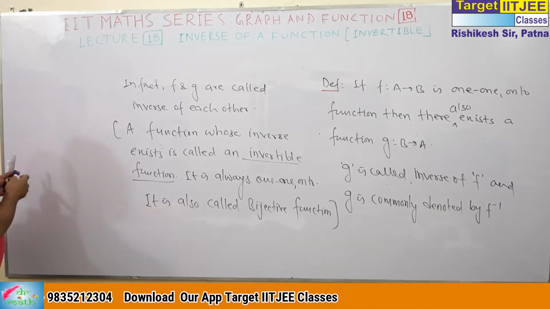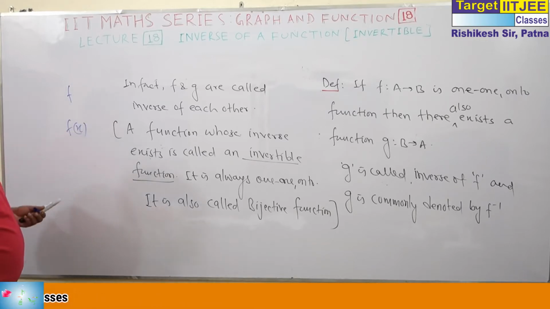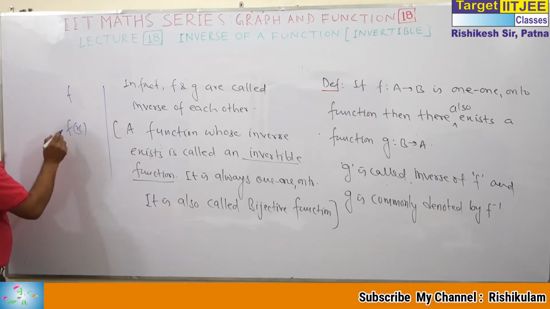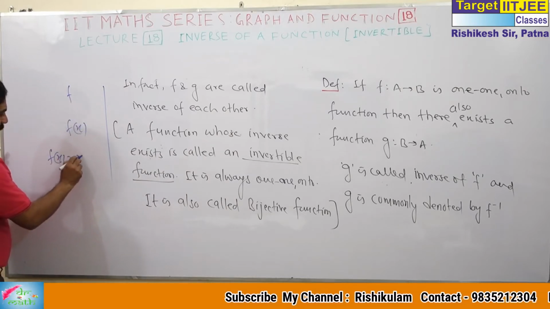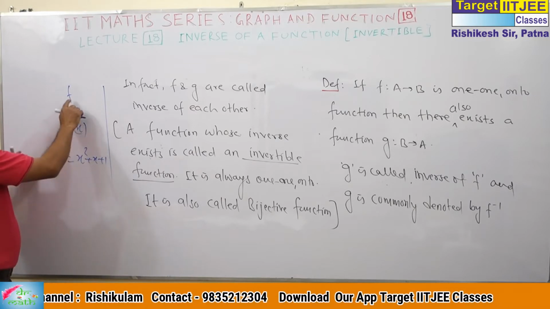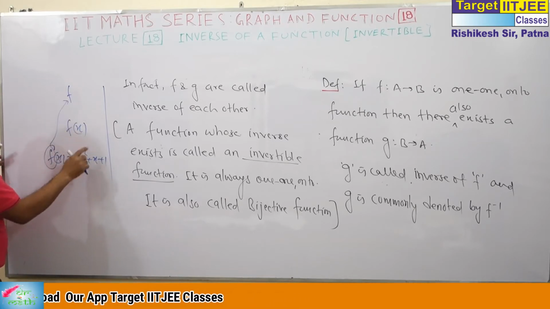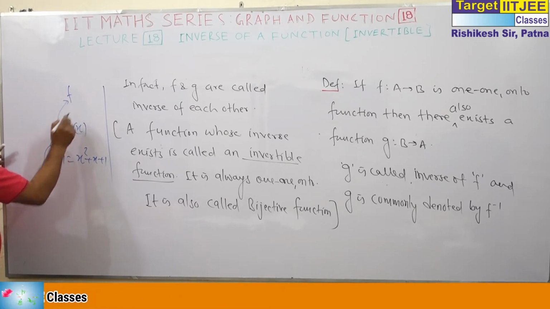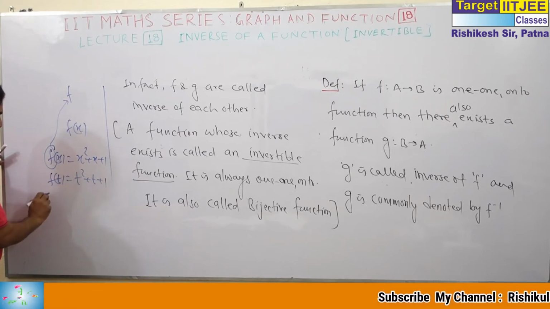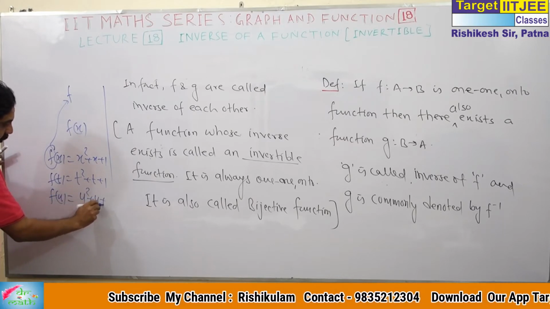Can you tell the difference between f and f(x)? Very simple point, but let me clear it once. When I write f(x) = x² + x + 1, this is a function f, and I am expressing it in terms of x. We can express it in terms of t² + t + 1, or in terms of u.